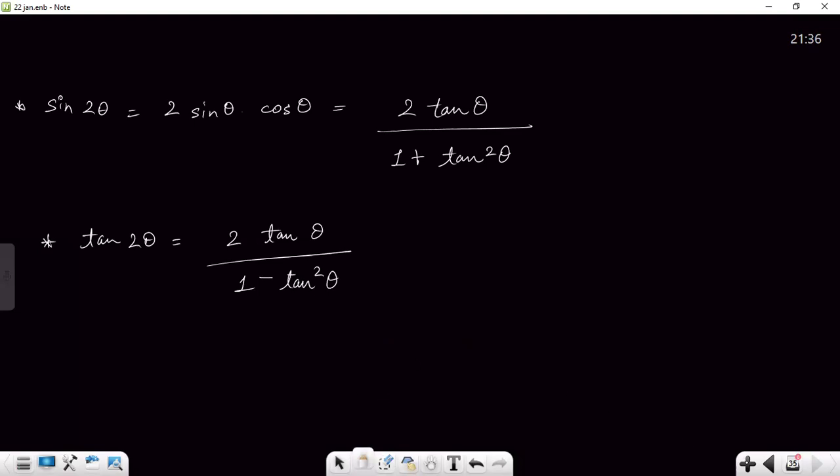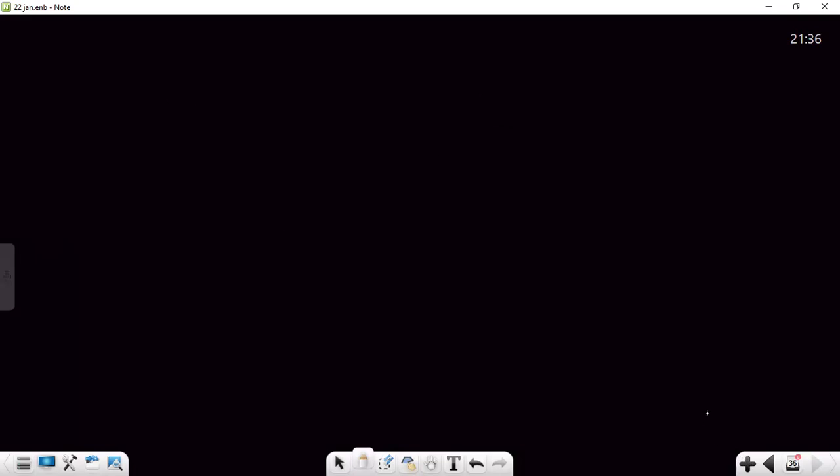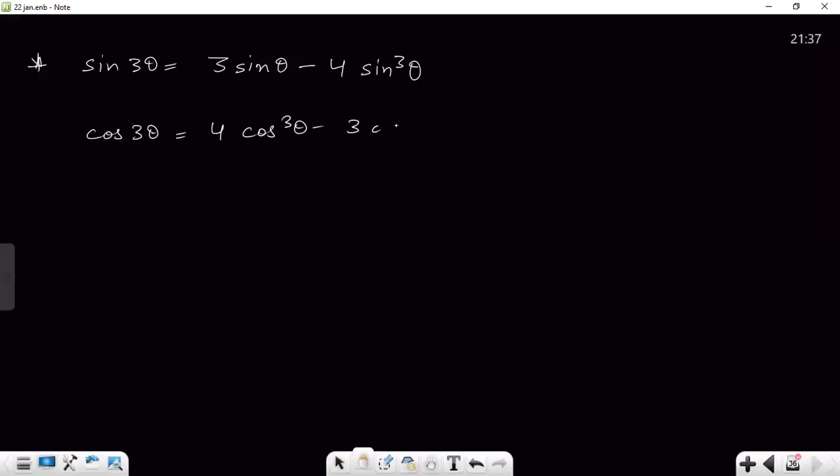Now let's discuss the triple angle formulas. Sine of 3 theta is equivalent to 3 sine theta minus 4 sine cube theta. Cos 3 theta is just the opposite: 4 cos cube theta minus 3 cos theta.